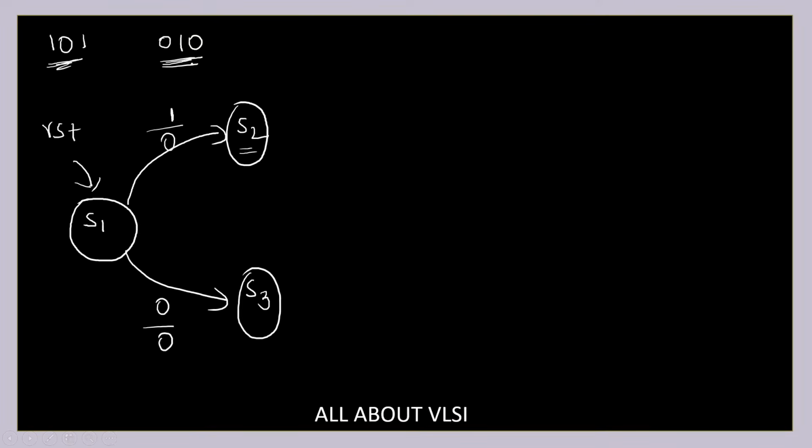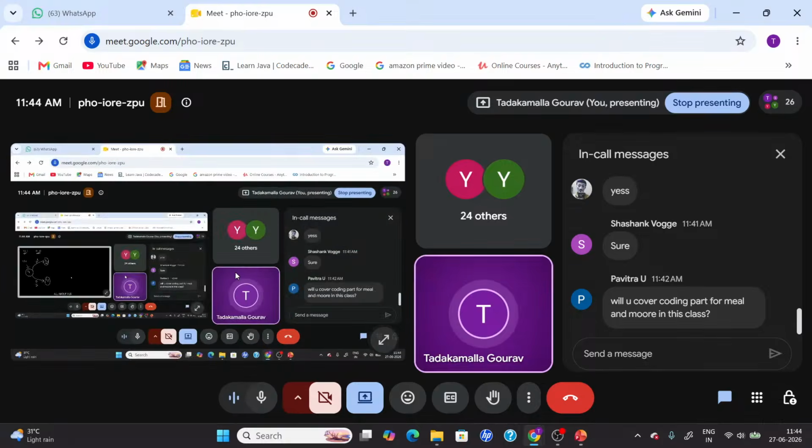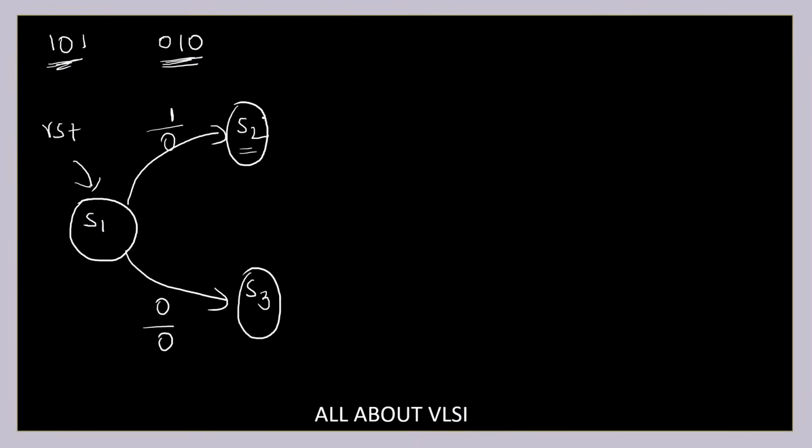Previously we were checking for only one sequence. Now we need to check for two sequences, 101 and 0, 1, 0. That's the reason I'm going to have two different possibilities over here. Now, let's first focus on building this 101. So if I'm going to have 0, I'm going to next state S4.